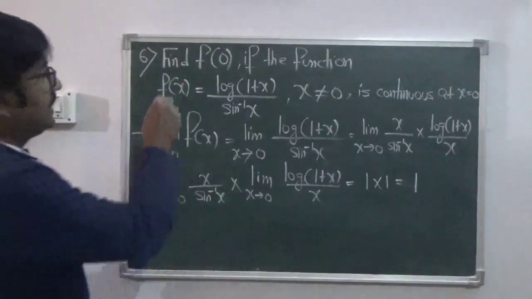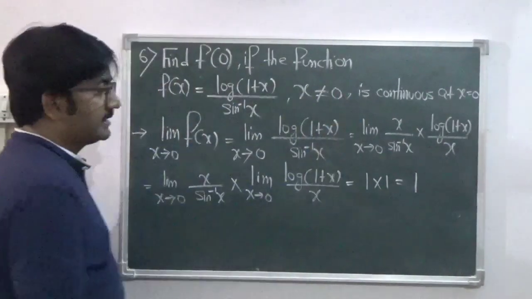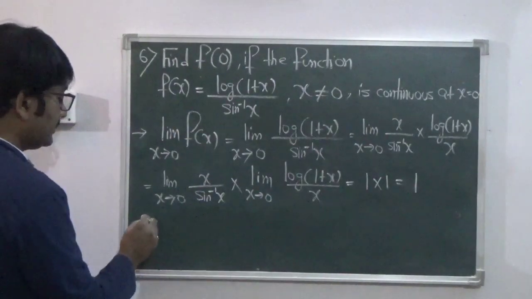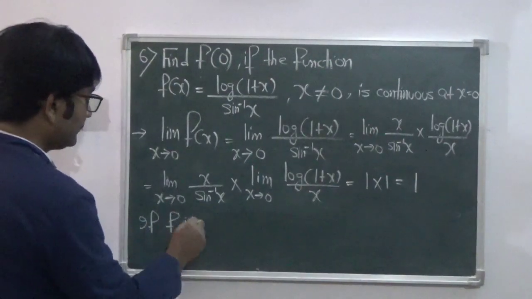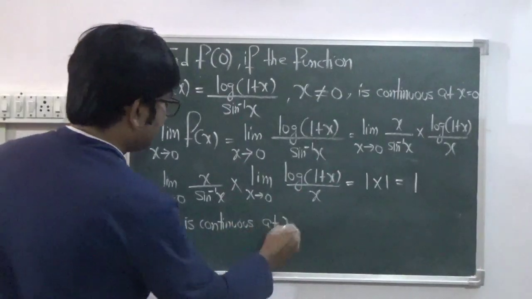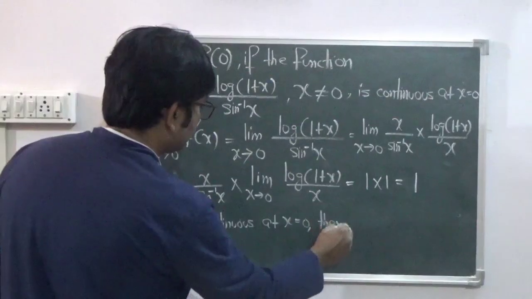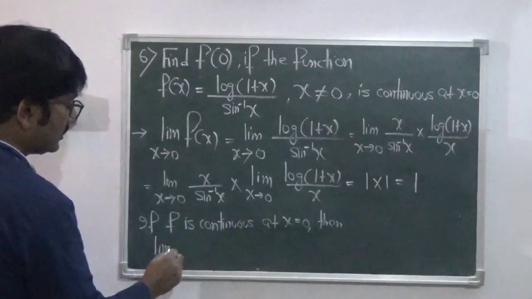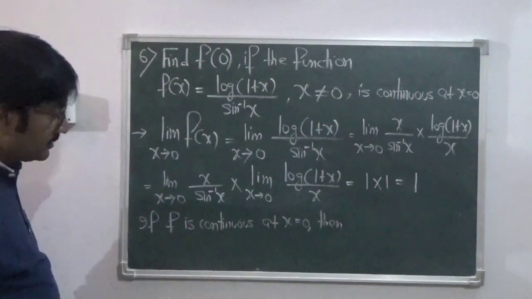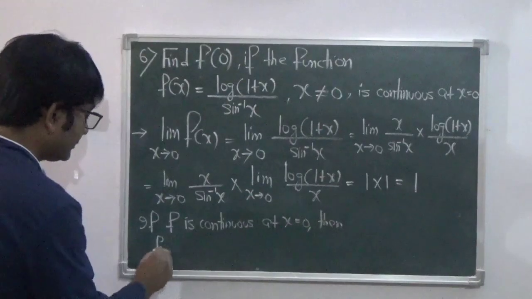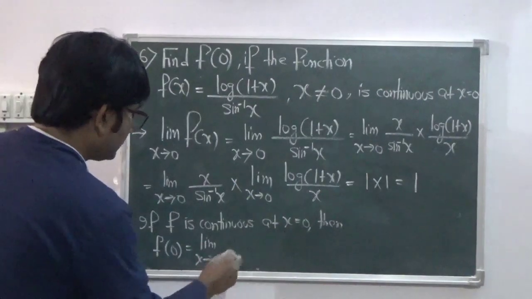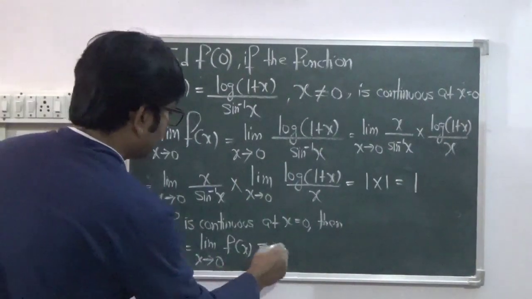Now we have to find f of 0 if the function is continuous at x equals to 0. So if f is continuous at x equals to 0, then f of 0 is equal to limit of x tends to 0 f of x, and that is equal to 1.